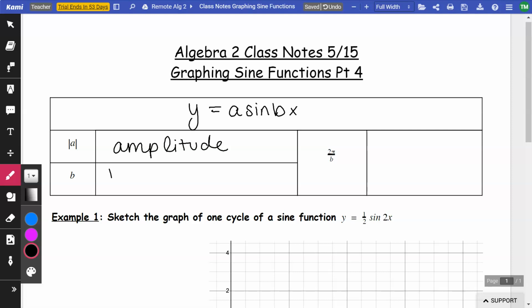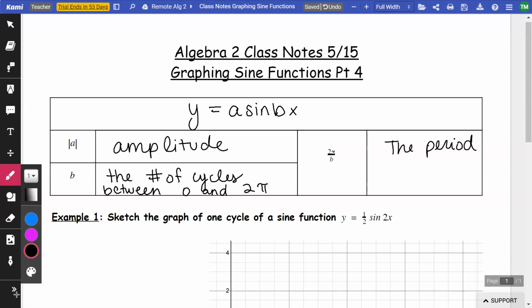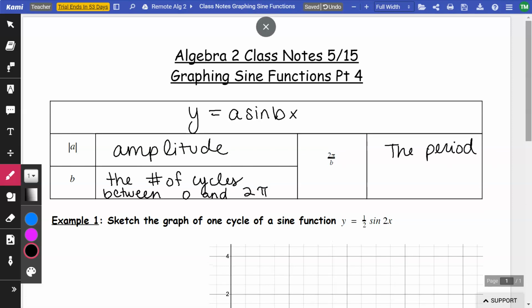B is the number of cycles between 0 and 2 pi, and then 2 pi over b is the period of the function. So this is just a refresher of what we talked about yesterday to help us graph our functions today.